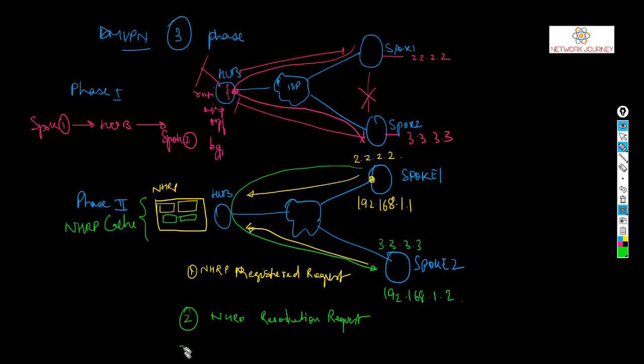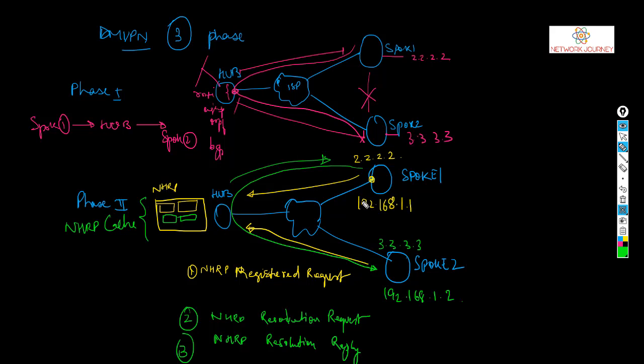And then the hub is going to reply back, which is called the NHRP resolution reply. Now spoke 1 communicates to spoke 2.